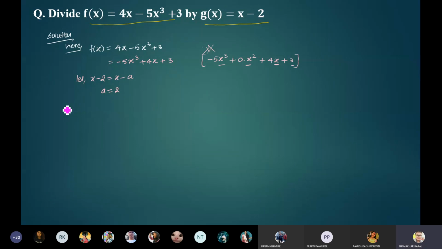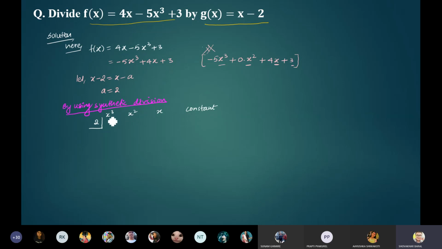By using synthetic division, at first we need to write this 2 here. Let's write the variables. What is the highest power? 3, so x power 3, x square, x, and the constant.